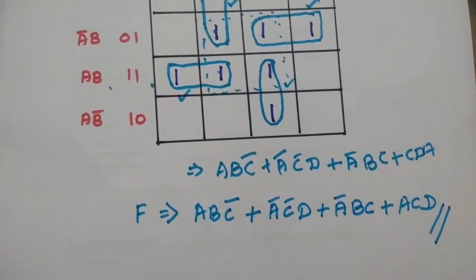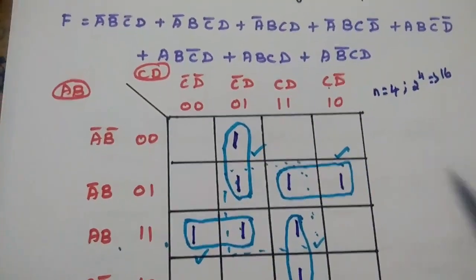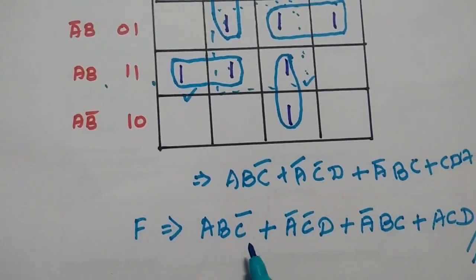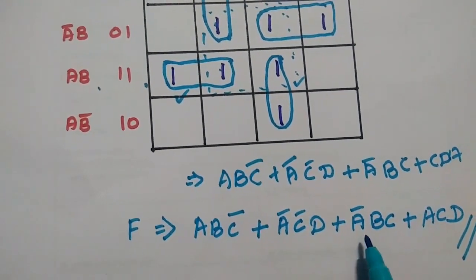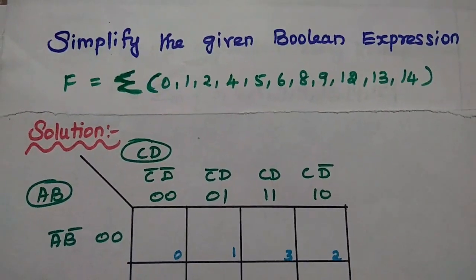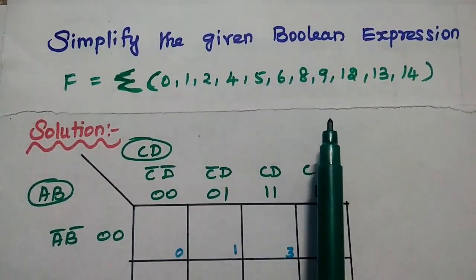So this is the final answer. So this complex expression is simplified as ABC bar plus A bar C bar D plus A bar BC plus ACD.